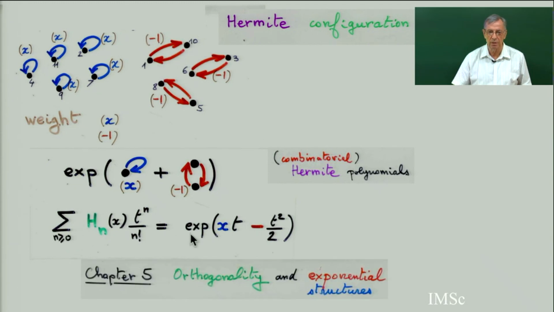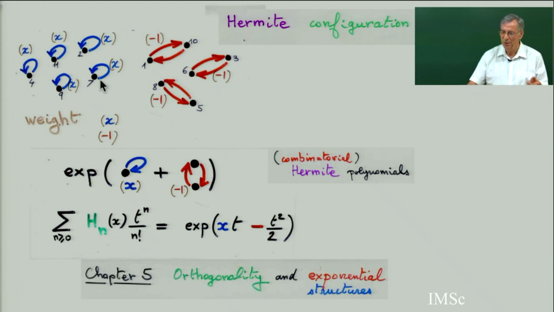We will prove that the generating function gives you this interpretation: inside the exponential there is x t, and -1 is this, t squared over factorial 2, and taking the exponential. If you followed the class number 1, part 1, you understand this, but I will suppose you have not followed part 1, and I will recall all this exponential principle in chapter 5.